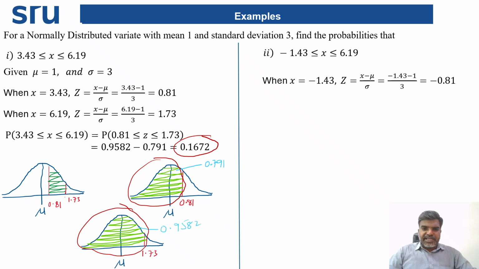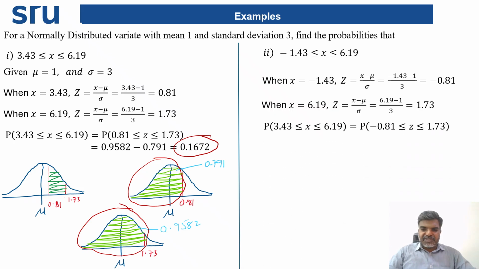First, we are converting x values into z values with the help of the z formula. So when x equal to minus 1.43, the corresponding z is minus 0.81. And when x equal to 6.19, the corresponding z is 1.73. Next, what do you need?